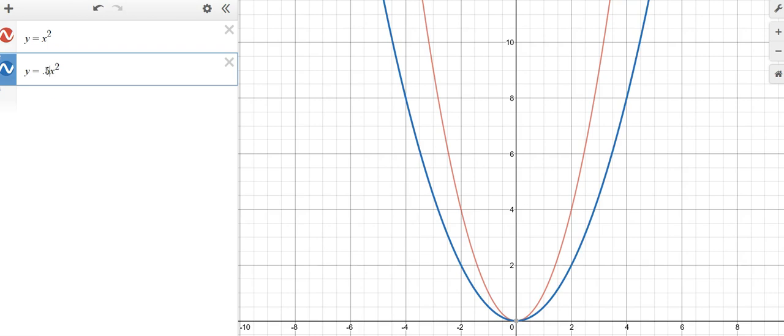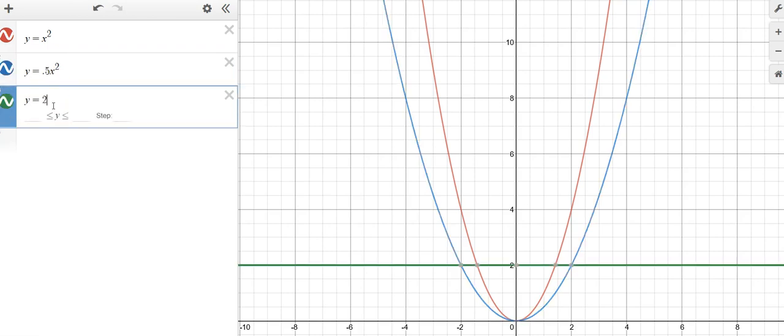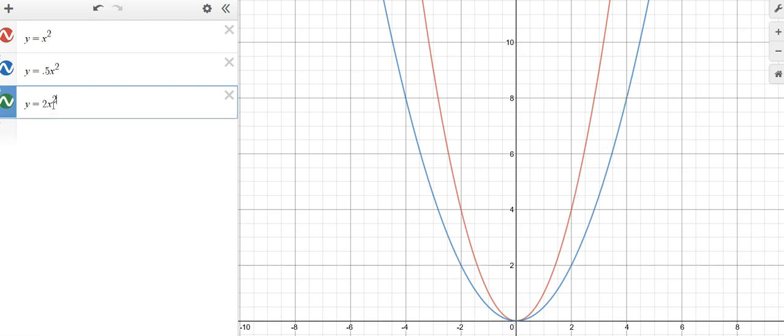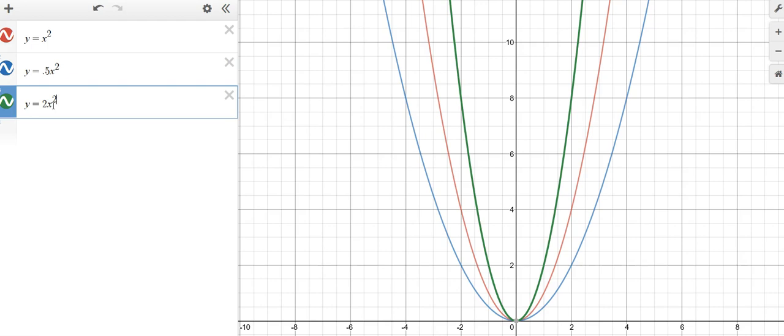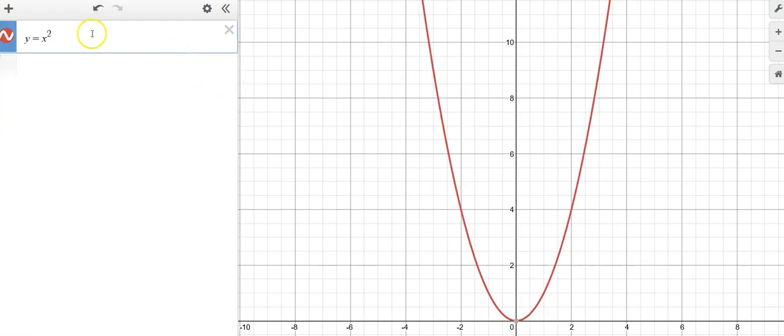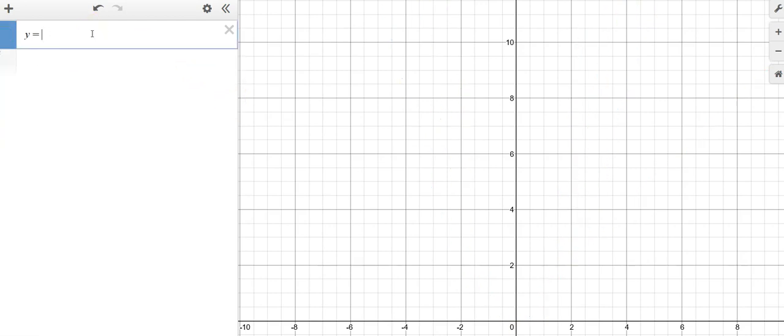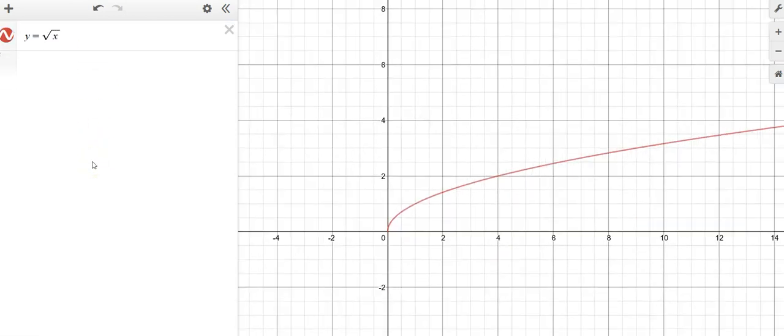You're right, it does shrink it down. It has everything to do with the fact that one of the numbers is larger than 1 and one of the numbers is smaller than 1. So, stay with me, please. What do you think is going to happen to this graph if I put a 3 in front of it?